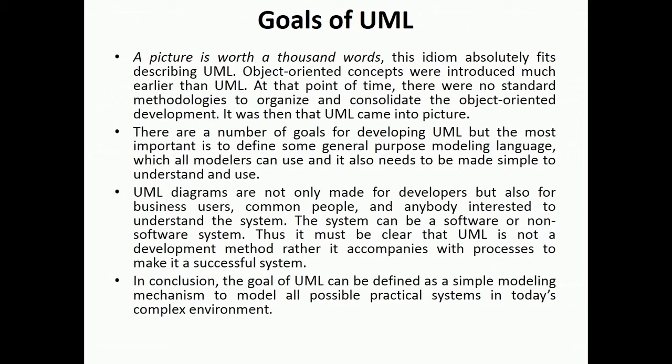So in one sentence, we can say that UML is a simple modeling mechanism, and because it is a simple modeling mechanism, it will model all possible practical systems in today's environment. Whatever the problem is, we can model it.